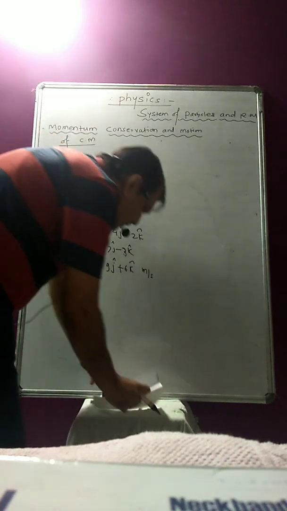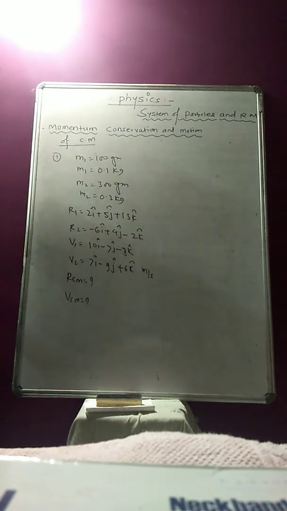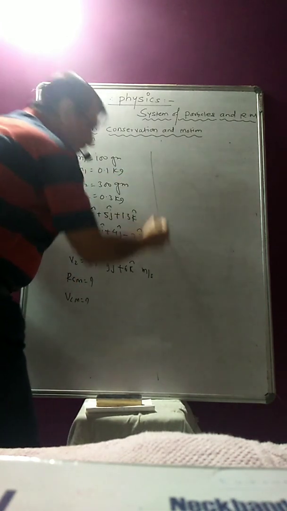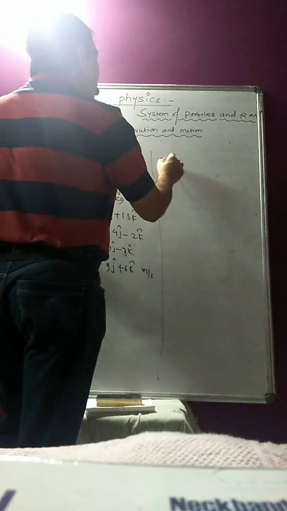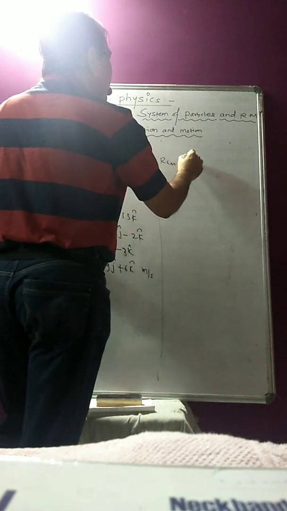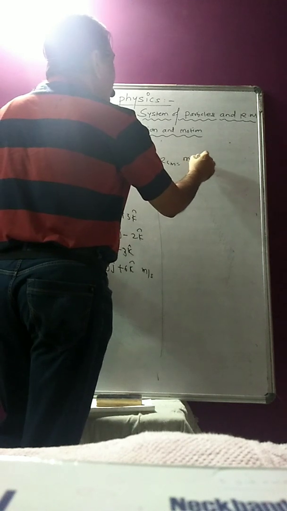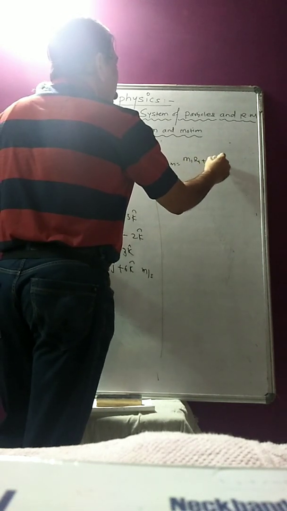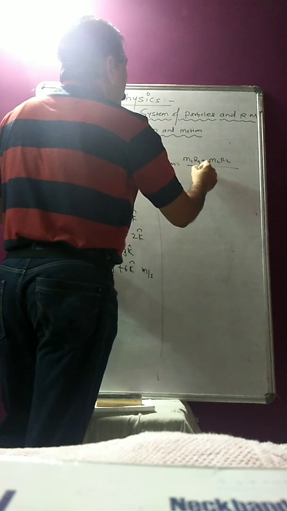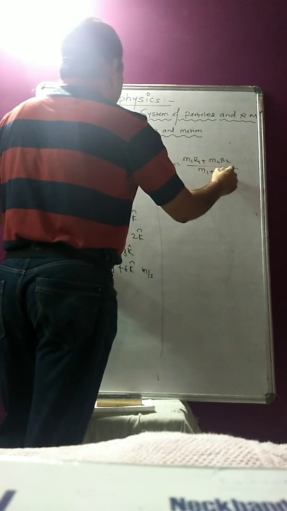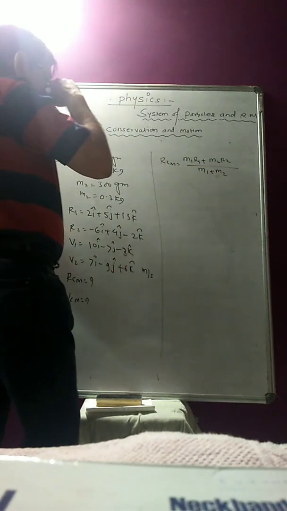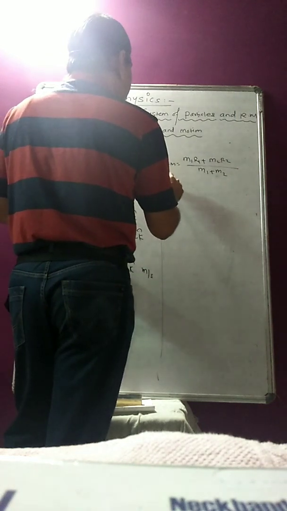Then I can calculate for you at least one problem, that is what is the r center of mass. Now the r center of mass can be calculated by using the formula RCM is equal to m1 r1 plus m2 r2 upon m1 plus m2. In that case we can put the values.